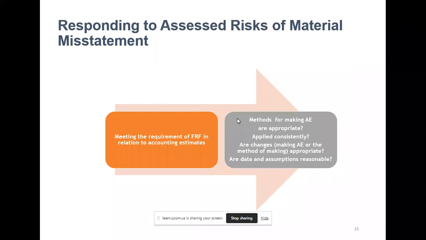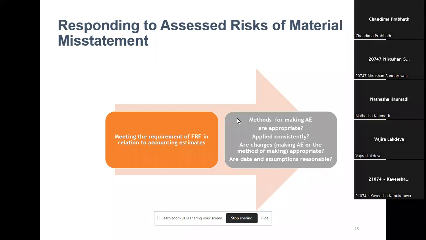Then any changes to the method or model must be appropriate. That is also very important to understand. The method or model should be applied consistently from one year to another, and any changes are supported with valid reasons. Then whether the data and assumptions used are reasonable. Those are the things we need to consider in responding to assessed risk of material misstatement.